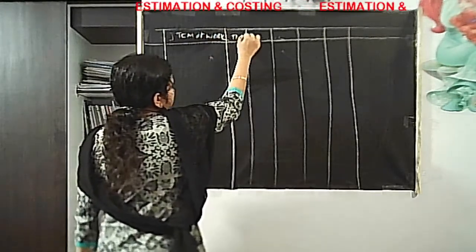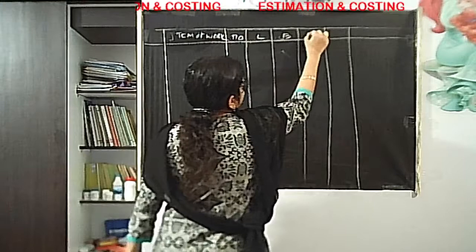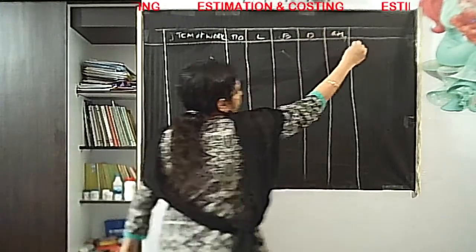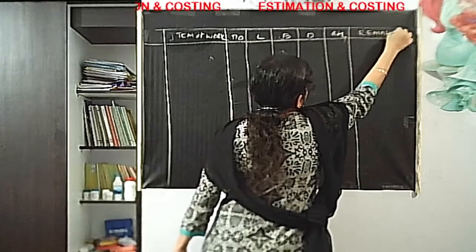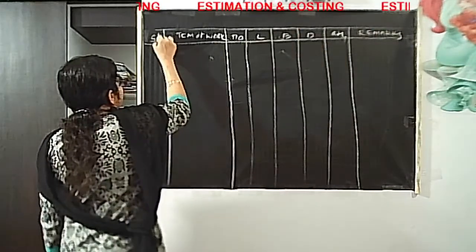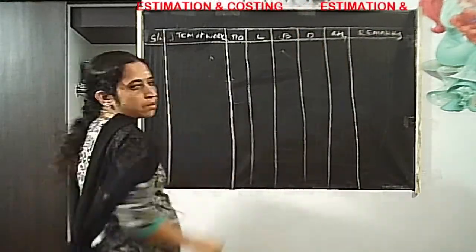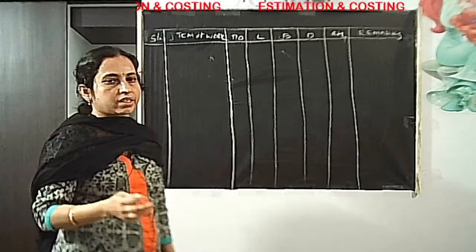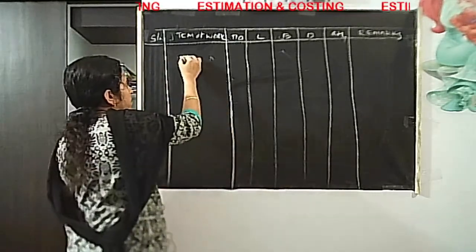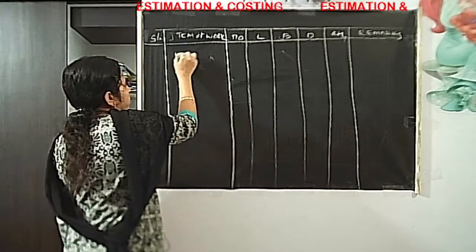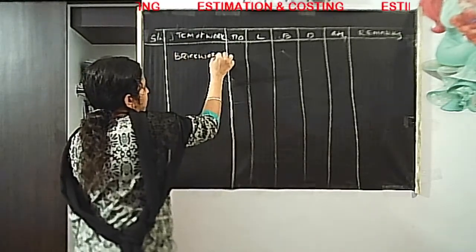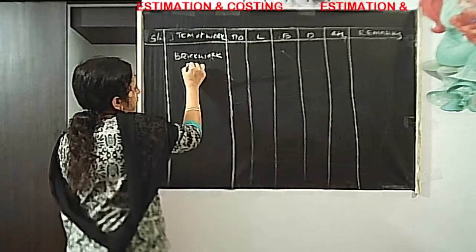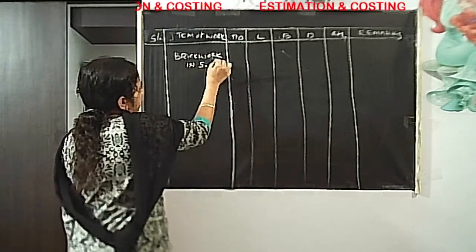You have number, length, breadth, depth, quantity, and remarks. Previously we calculated the RCC roof. Now we are going to calculate the brickwork in superstructure.